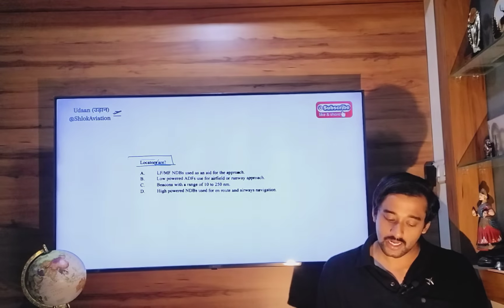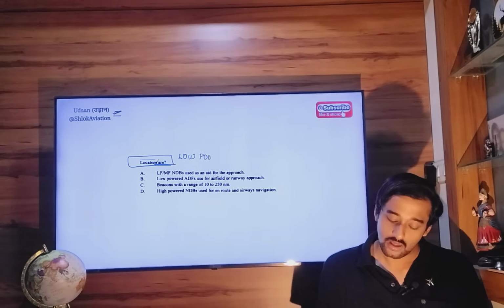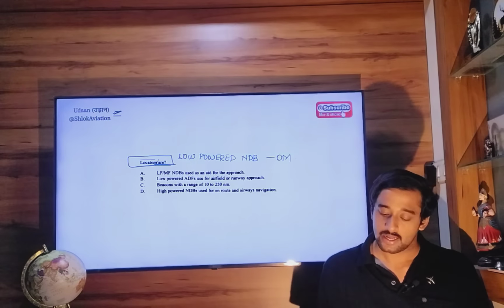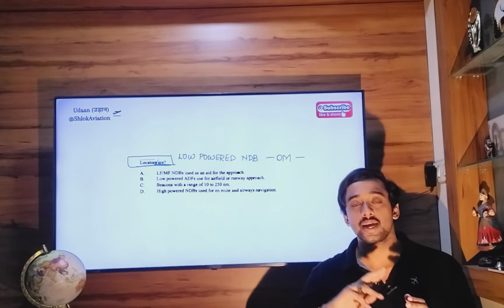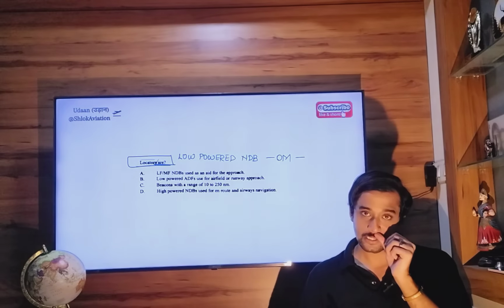Locators. Now what are locators? Locators are low powered NDB stations which replace the outer marker. And these compass locators, or locators, will help your aircraft navigate inbound towards that airport. Therefore they are called compass locators.